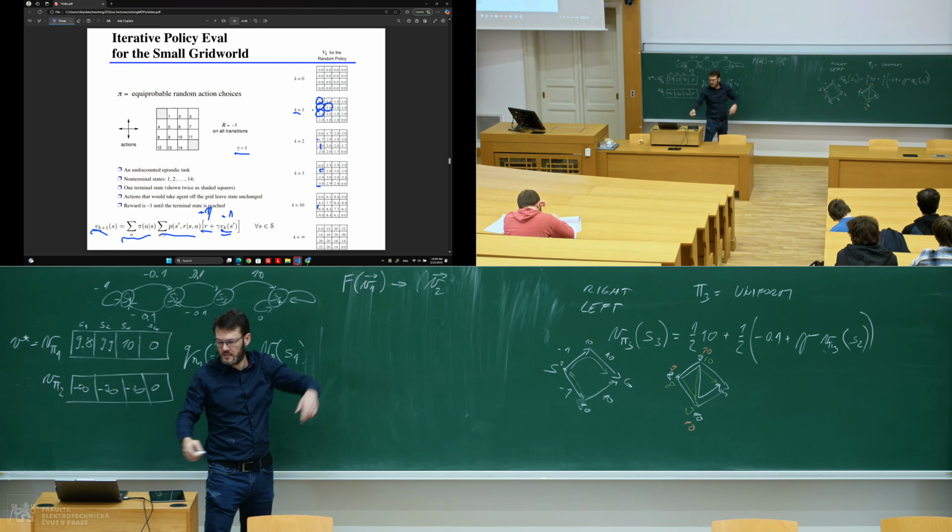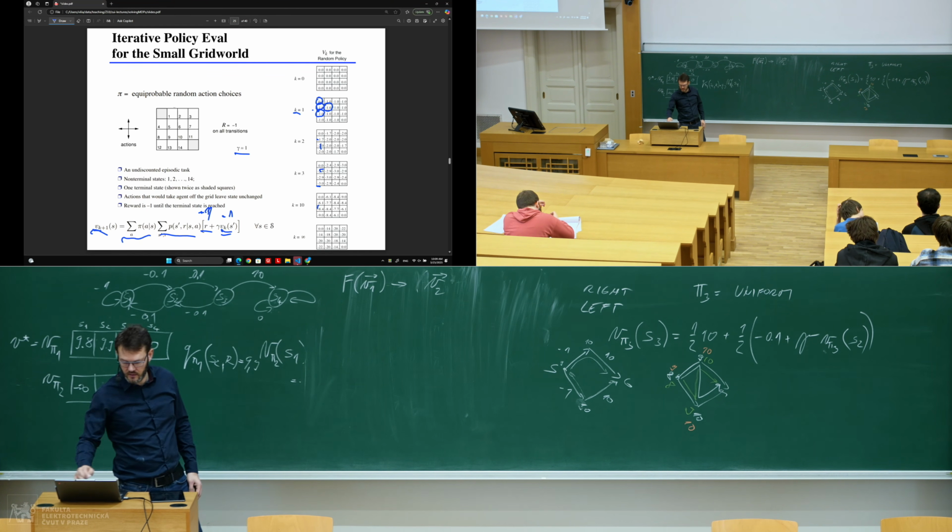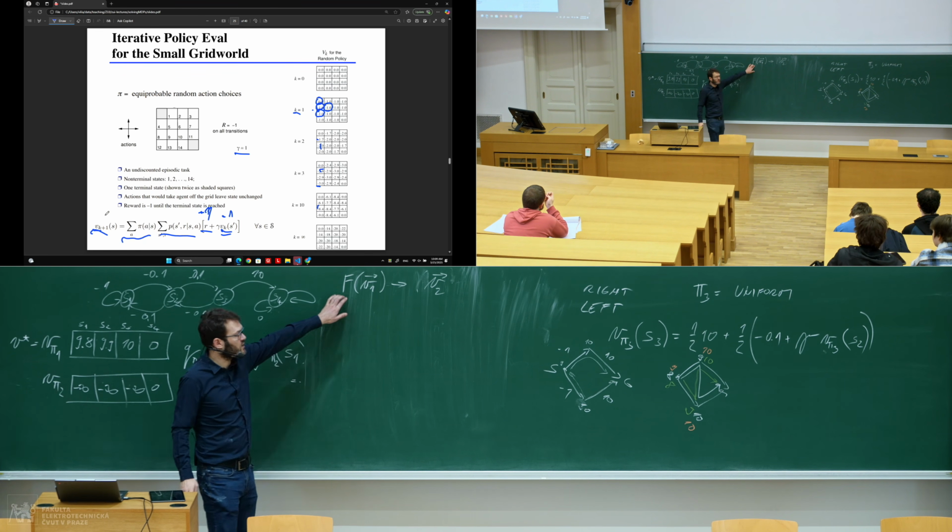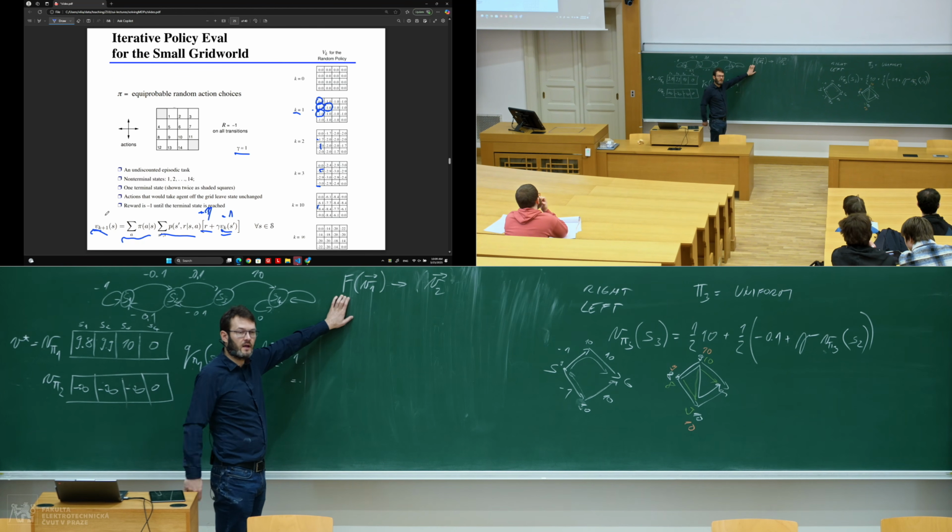That's what this operator was doing, for example. This backup operator we have had on the input some value at time k and returns some value at time k plus 1, right? So you can see the whole updating of all states as this function f. It's some kind of function.